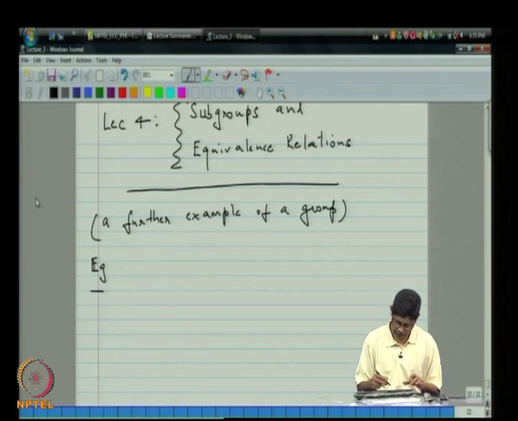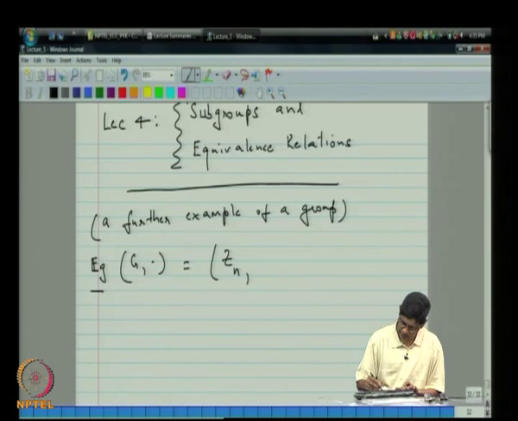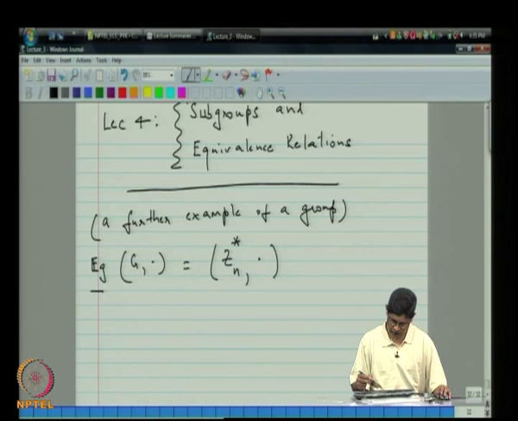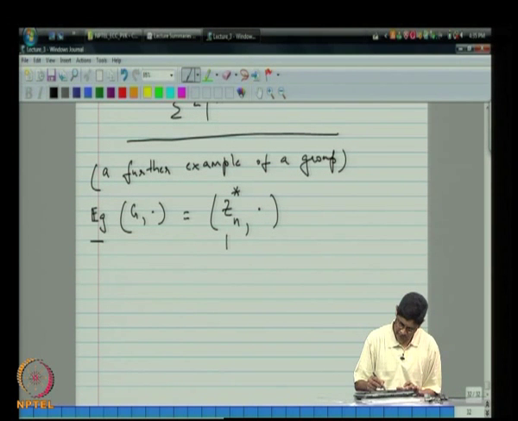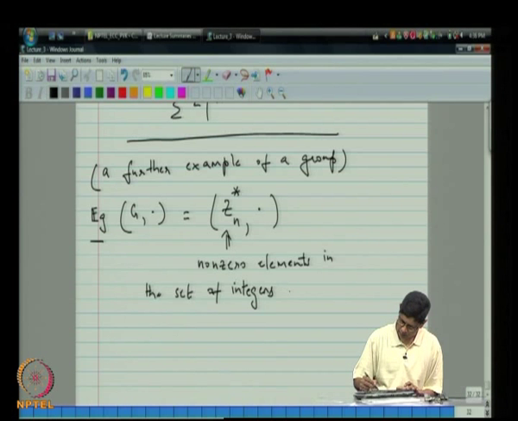This is the case when we are looking at the group whose set is Z sub n, with a star on top, and the operation. First of all, with regard to the notation, this is the set of non-zero elements in the set of integers modulo n.